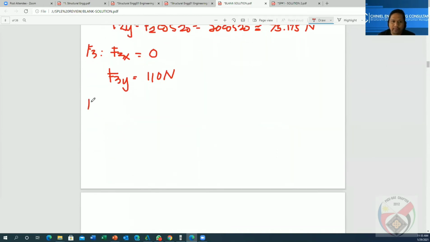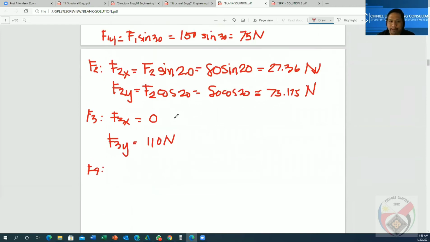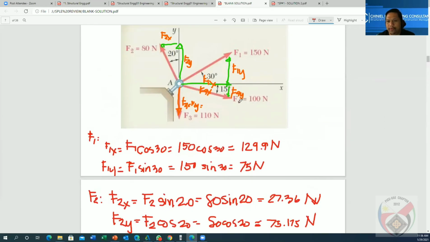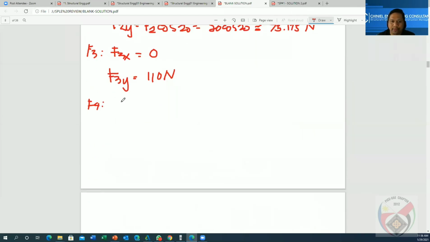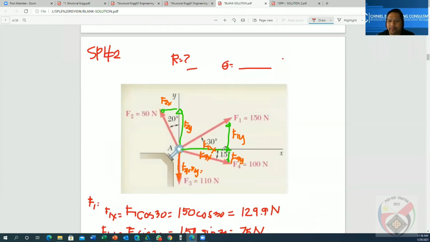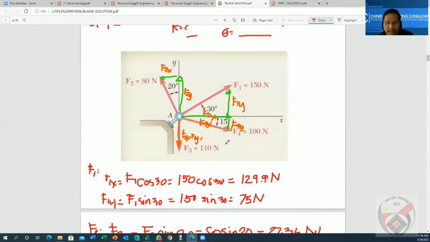Then F4. This is the F4. So F4x is what? Which formula are we going to use? Cosine or sine for F4x?